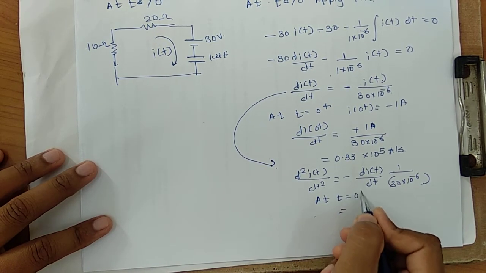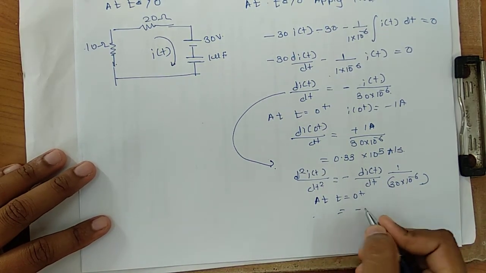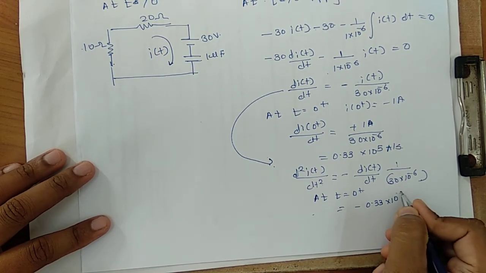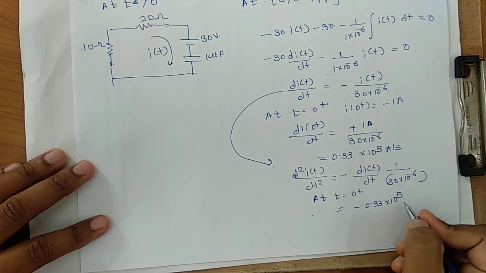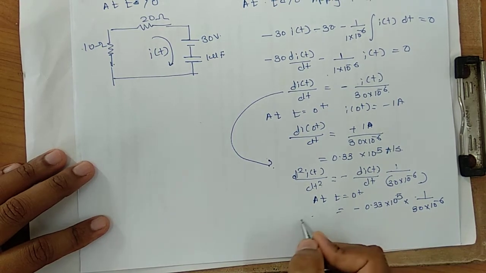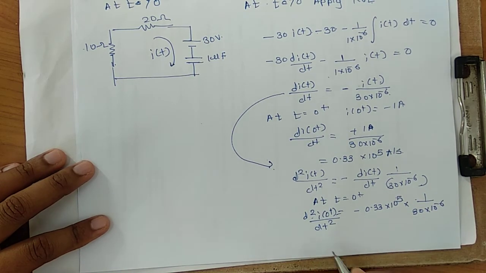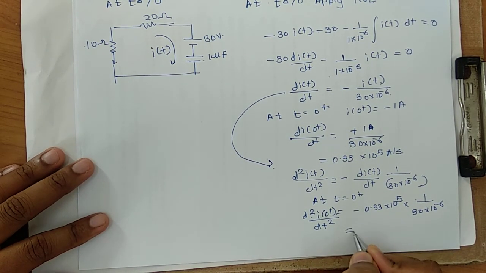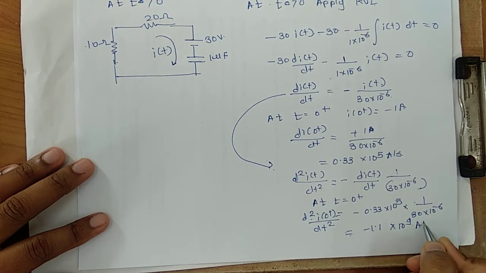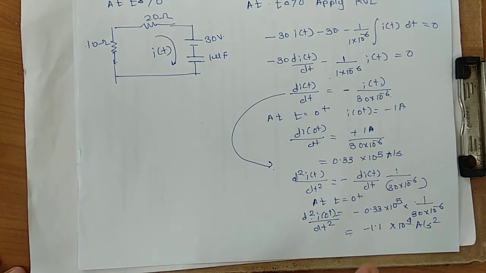That is minus 0.33 into 10 raised to 5 into 1 upon 30 into 10 raised to minus 6. So d2 I of 0 plus divided by dt square, the final answer, is minus 1.1 into 10 raised to 9 ampere per second square. You do this calculation and you will understand it.